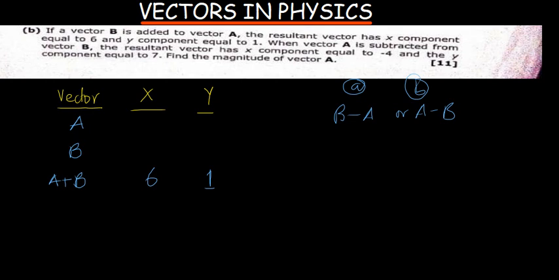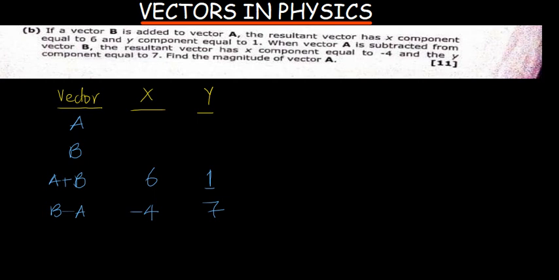Okay, good. It is from vector b. So what we have is b minus a. So when we have got that, they've told us that the resultant is going to have x component, which is -4, and then y component, which is equal to 7. I wrote 7, I was saying 6. Okay.